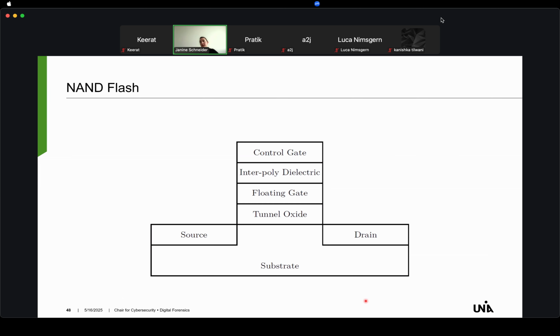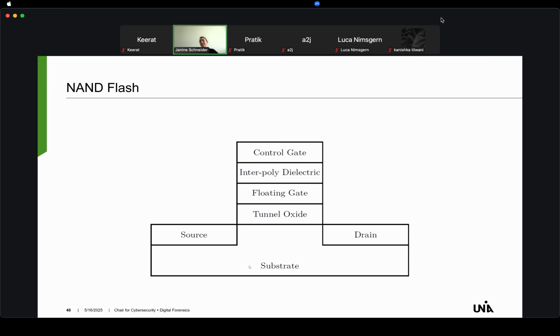NAND flash cells are persistent transistors, and they usually have a substrate with a source, which is N-doped, a P-doped substrate, and a drain. Doping means that you introduce foreign atoms into a semiconductor crystal to specifically change the conductivity. You don't have to fully understand the process, just that you heard about it.